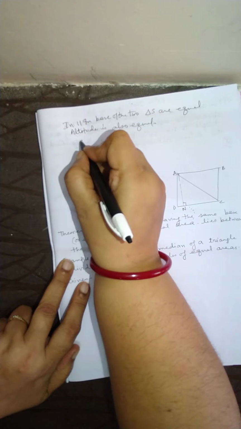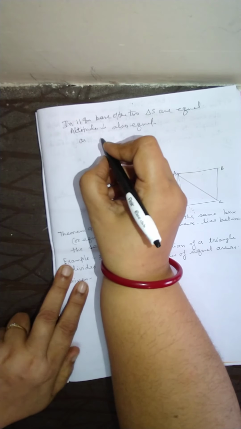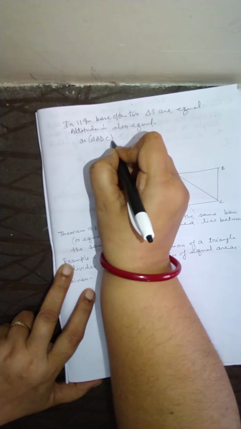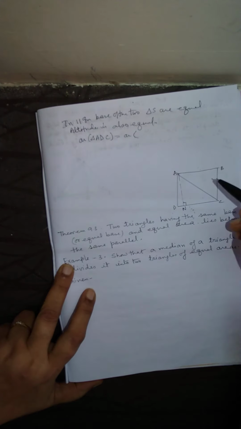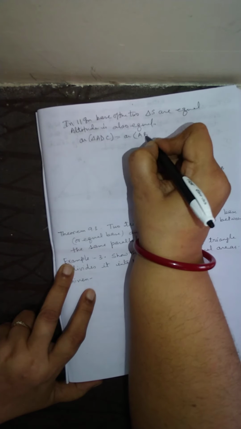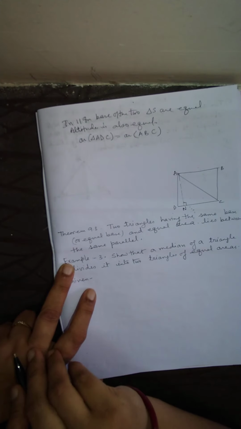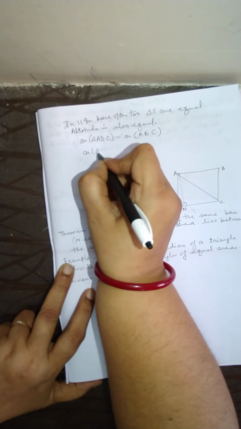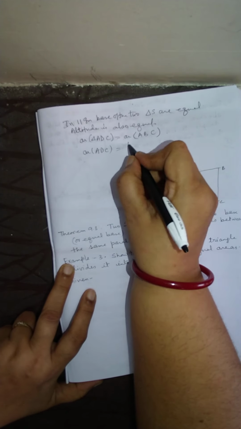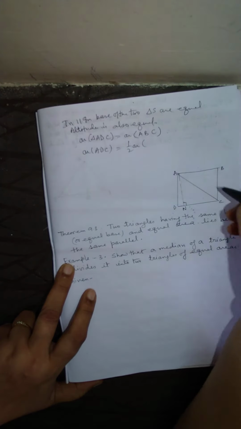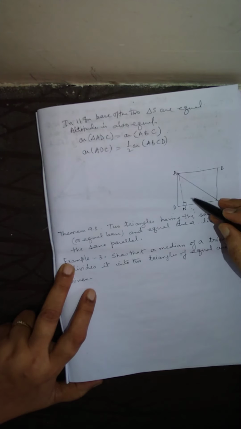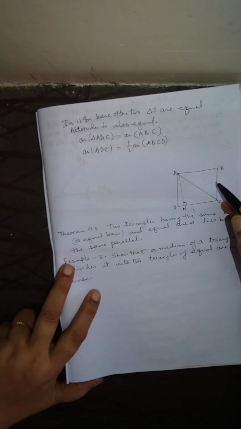So area of ADC equals area of ABC, and area of ADC equals half the area of the parallelogram, because a diagonal divides a parallelogram into two triangles of equal area.